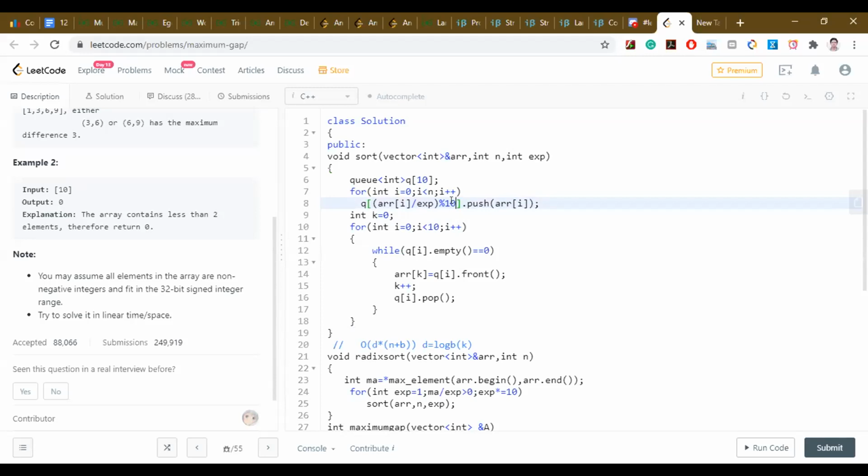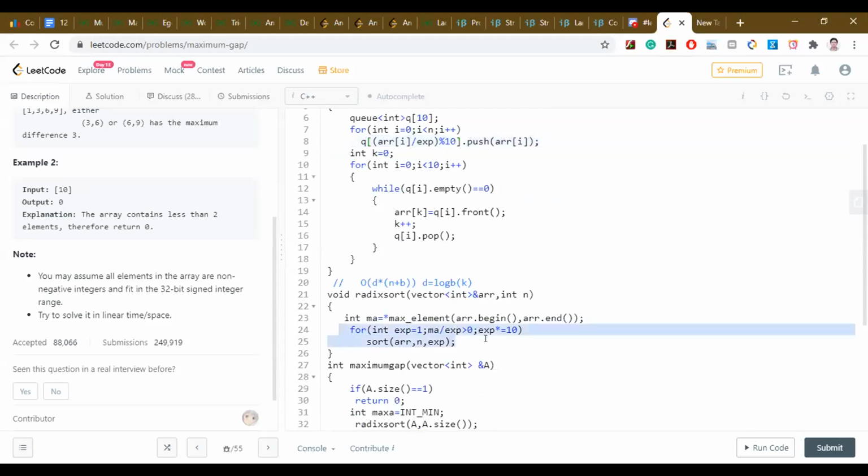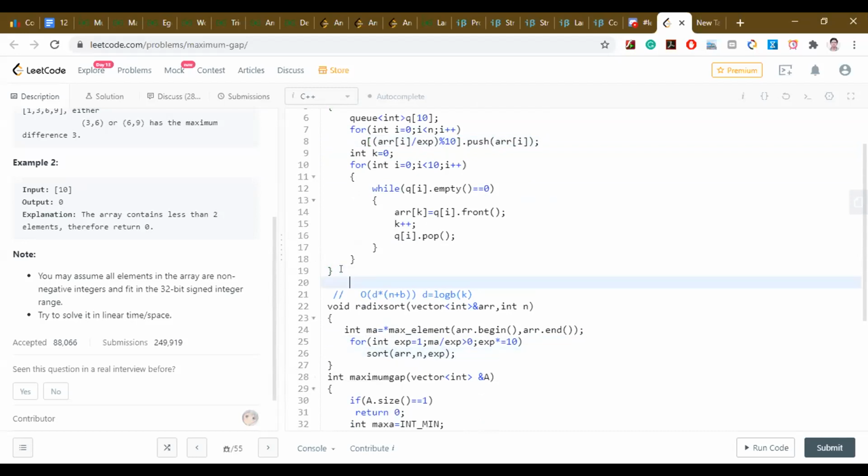What I understood is that we are iterating over the exponents. So at last we should get the correct position in the array, and that correct position is determined by the most significant digit, that was the main thing. Suppose 3 is there, so on the basis of this digit it will go into the correct queue.